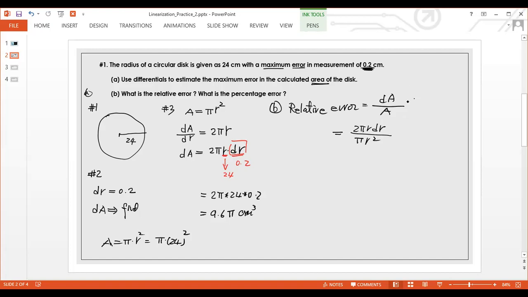If you cancel and plug in the numbers, this will be 9.6 pi over pi times 24 squared.